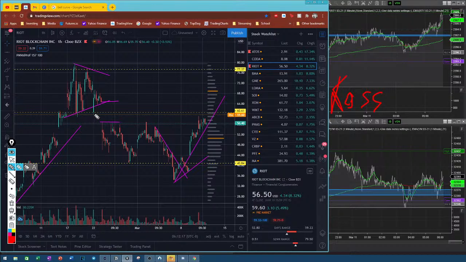I had marked this out yesterday that I thought this gap was going to get filled at some point, which it has as of yesterday. So that's looking pretty good. On Riot here, I'd be looking for this trend line to bounce and continue up here towards this high volume node potentially. That'd be a good target up at $70 even.